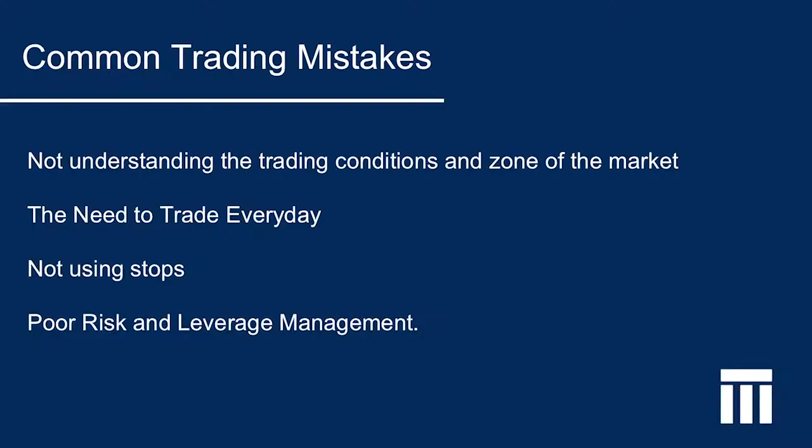So firstly, as we've just gone over, not understanding the trading conditions and the zone of the market. If you are in a positive zone and you're trying to sell the market, you're really just banging your head against a brick wall. You're going in the wrong direction. It's overused, but the trend is your friend.